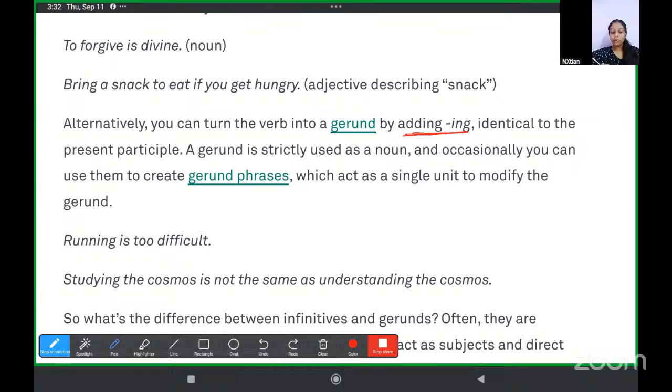Like swimming, running, reading, learning. We put ing along with the verb that makes it a gerund. Running is too difficult. Studying the cosmos is not the same as understanding the cosmos.